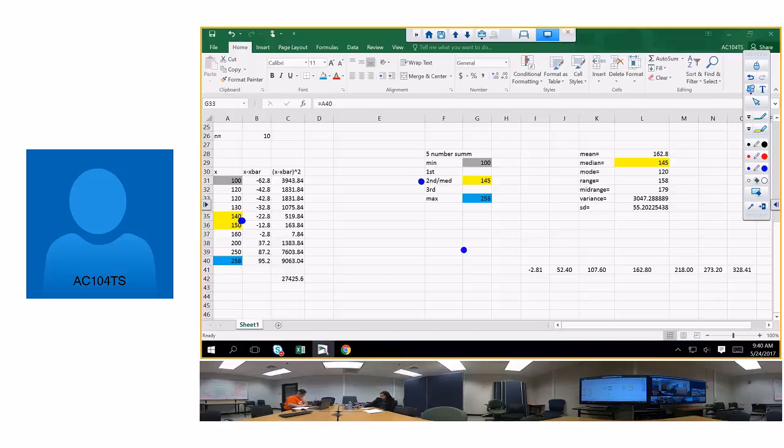So how many numbers are above the blue dot? 1, 2, 3, 4, 5. Odd or even? Odd. So that means you pick the middle, 120. And that will be your first do-jigger. You write it however you want to write it. Thingamabob.